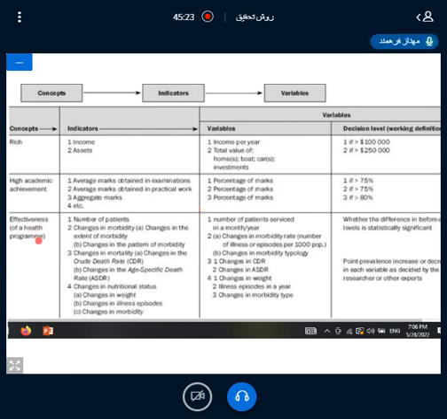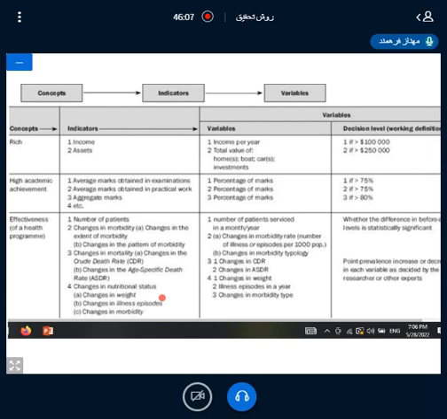And another example is effectiveness of a health program. Indicators will be number of patients, changes in mortality, changes in the extent of morbidity, changes in the pattern of morbidity, changes in death rates, and changes in age-specific death, changes in nutritional states, changes in weight, changes in illness, and in morbidity.